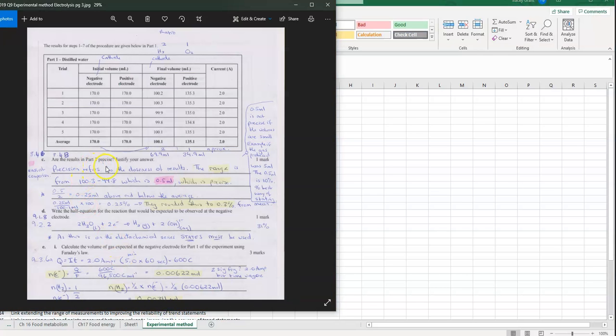So are the results in part 1 precise? Are they close to each other? So if the smallest one is 99.8, and the largest one is 100.3, then you can see that they're 0.5 mils apart. You need to say, so the range, this is the range, how far apart they are, and that is a small number, so it's precise.